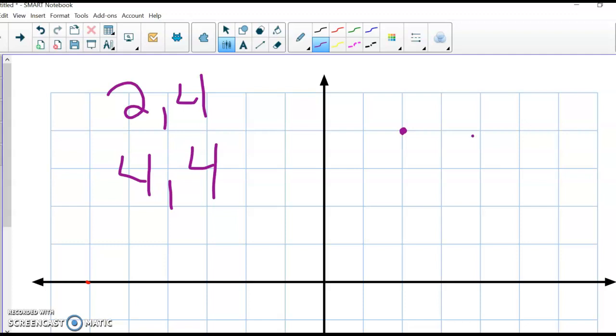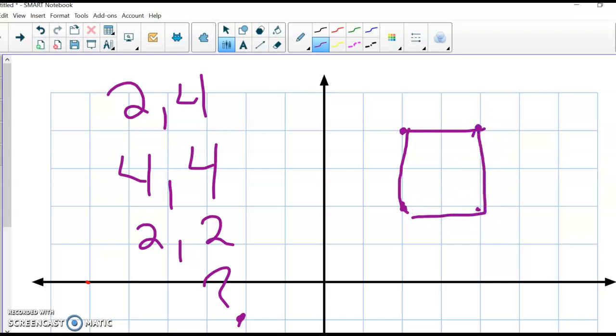And she drew points at 2, 2. So that's 1, 2, 1, 2. And she drew another. Where would her third point be? What would be the next one? Well, if she's going to draw a rectangle with it, it's got to be right here. That would be her rectangle.